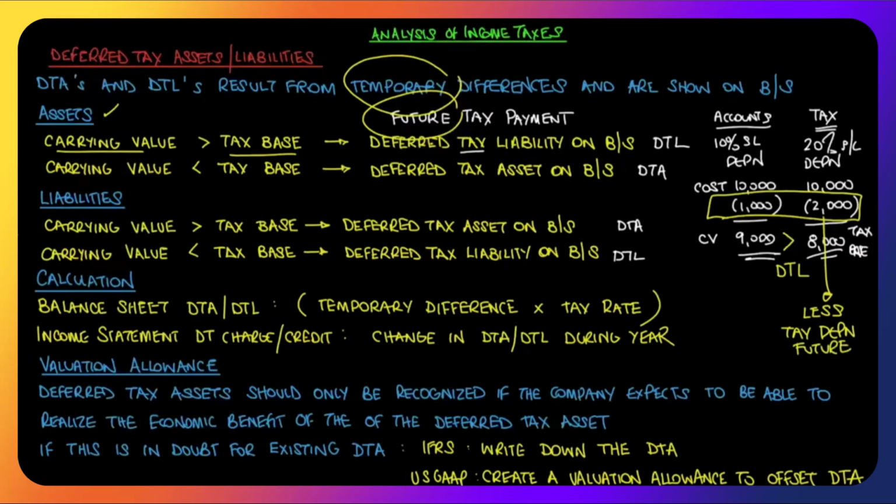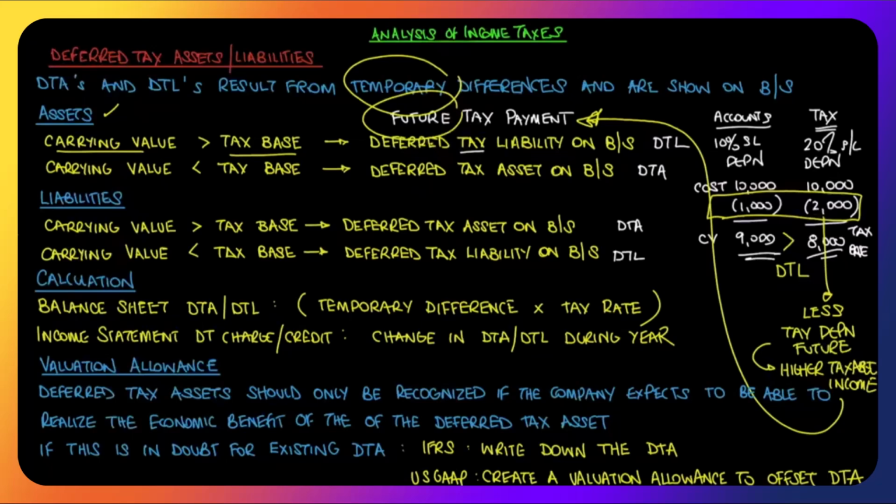If I get less tax depreciation in the future, that means I will get higher taxable income. And if I have higher taxable income, I'm going to have to make more payments in the future. That's why it's a DTL. So I always just like to think of it, what are the implications for the future?